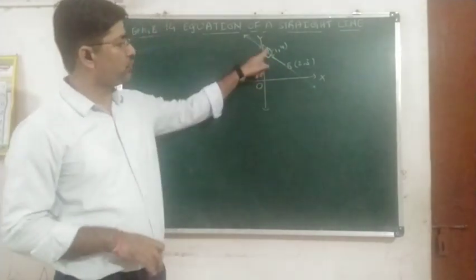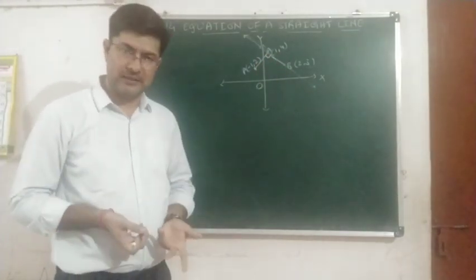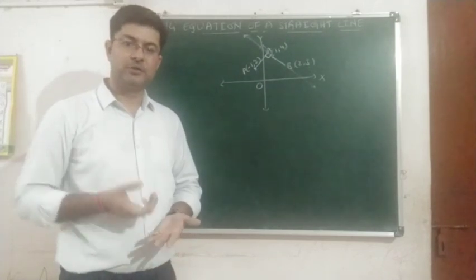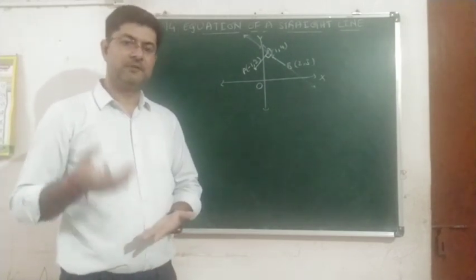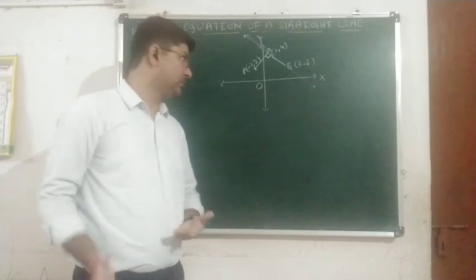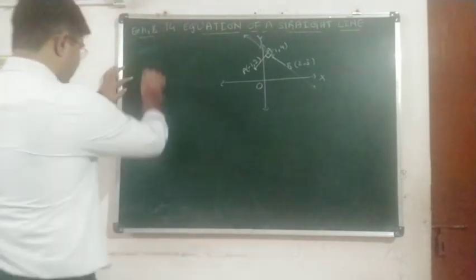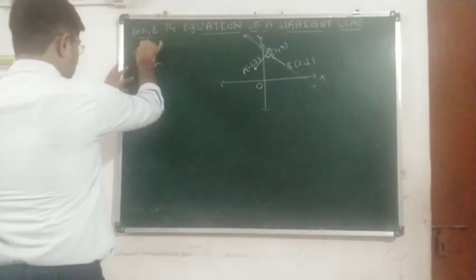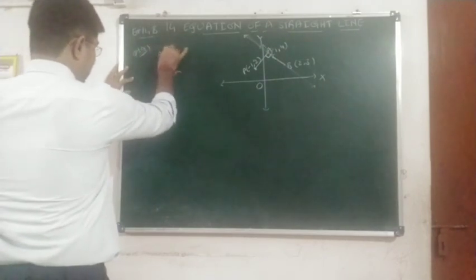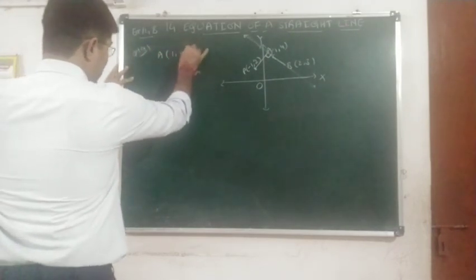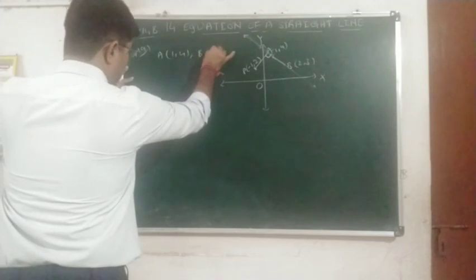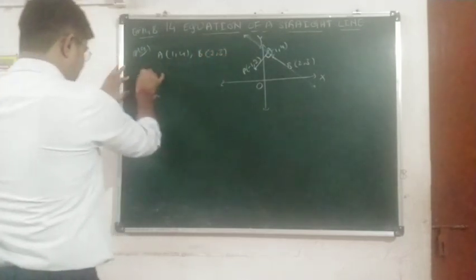So how to calculate the slope of the line containing AB? It is very clear that 2 points are given on the line containing points A and B. So we can use the formula of slope, m is equal to y2 minus y1 upon x2 minus x1. We are given 2 points over here. This is question number 19. A 1 comma 4, B 2 comma 3.